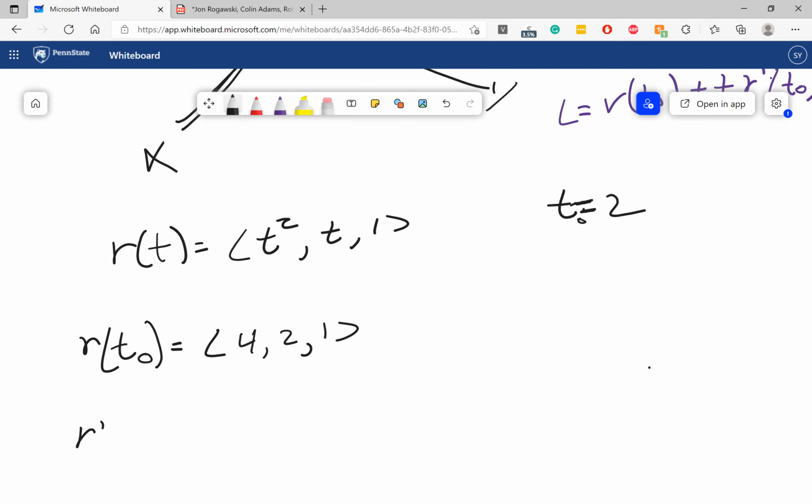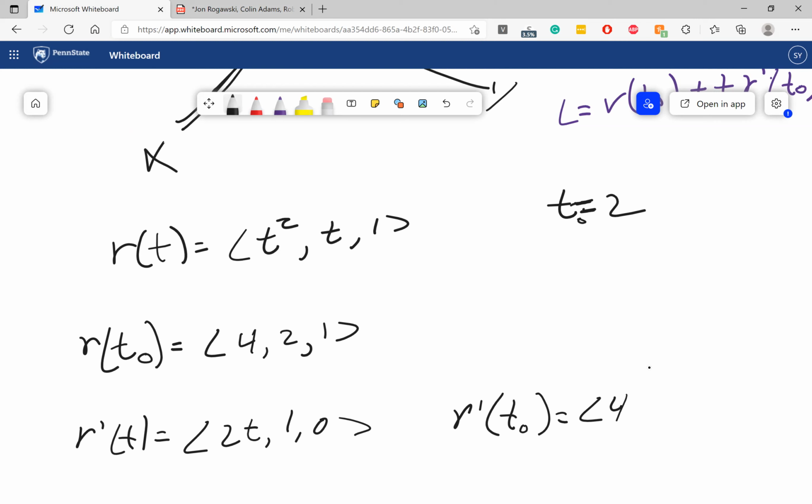And r prime of t is equal to 2t, 1, and 0. So r prime of t0 is equal to 4, 1, and 0.